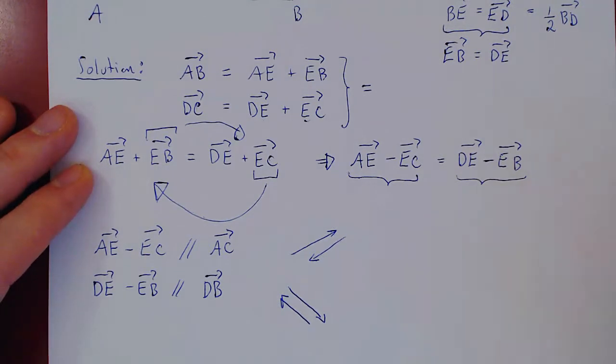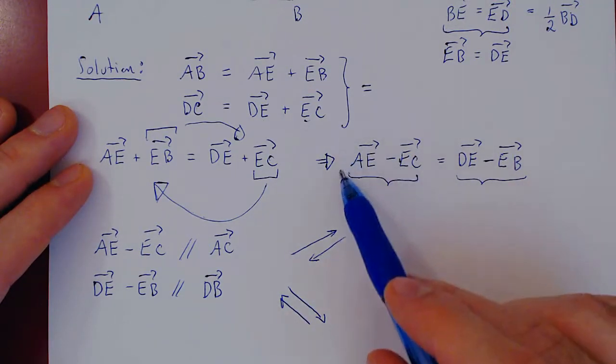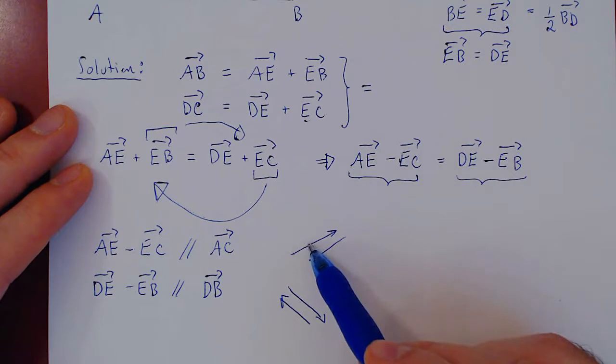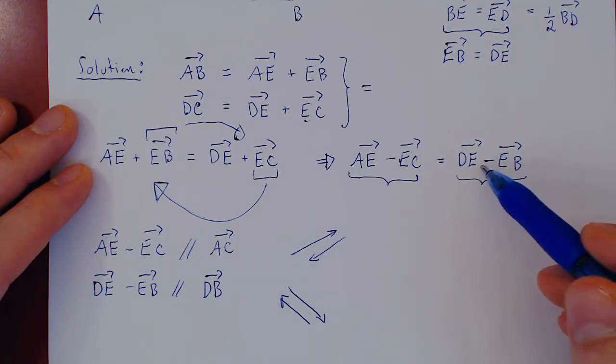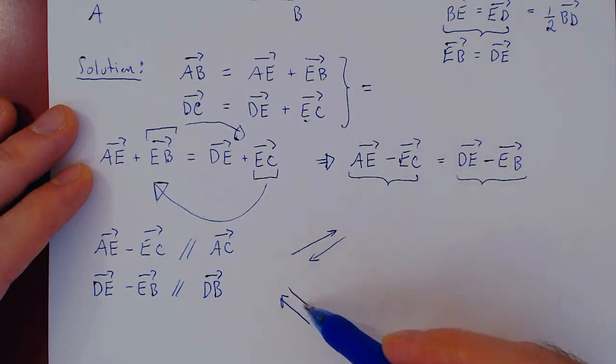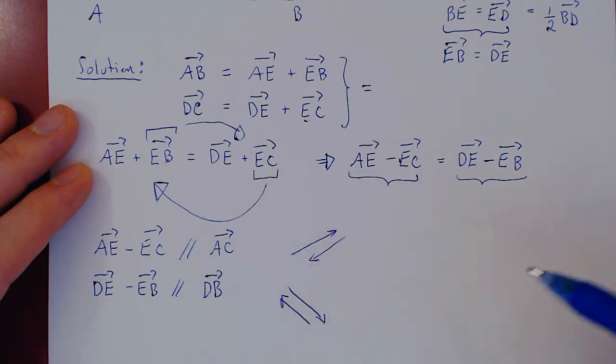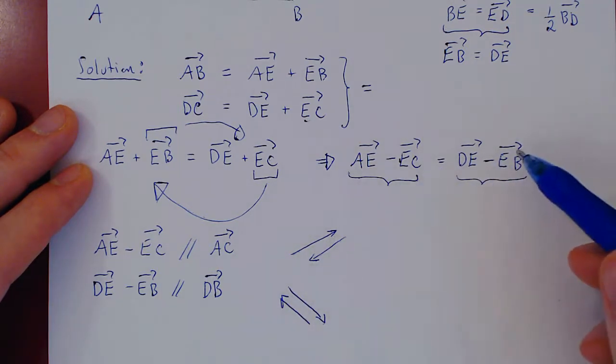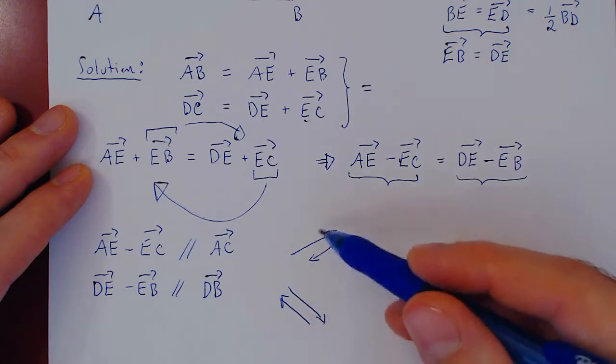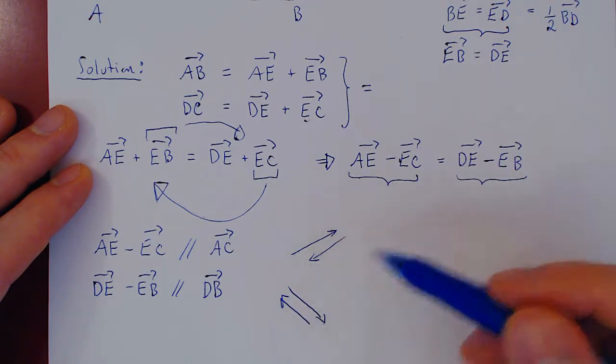But now think of it. The vector AE minus EC is pointing this way or this way, and the vector DE minus EB is pointing this way or this way. But both vectors are equal, and yet they clearly cannot have the same direction.